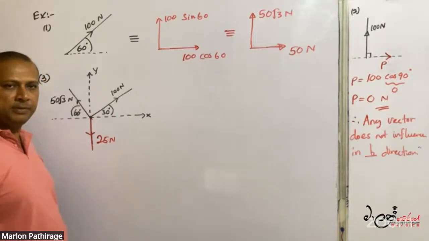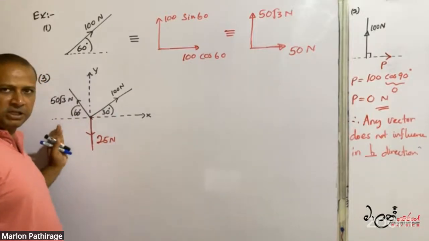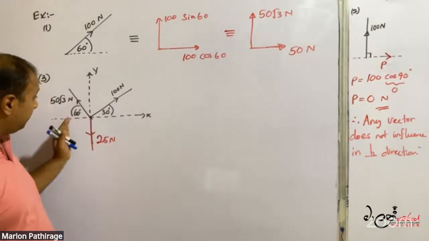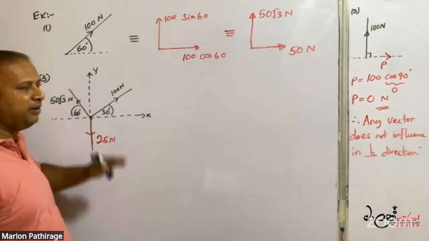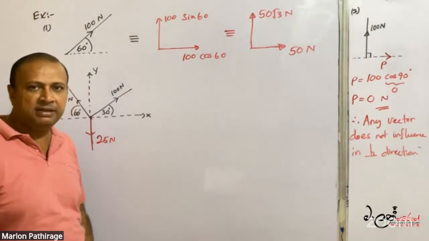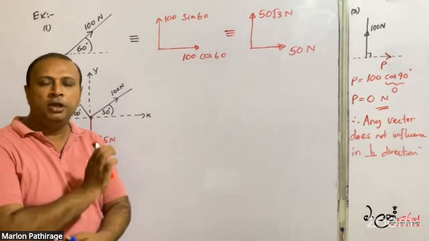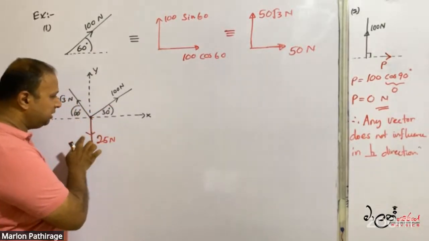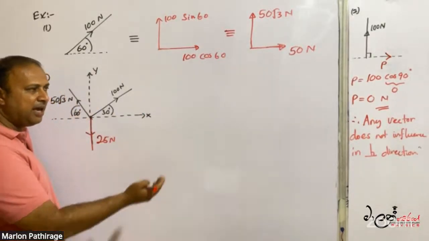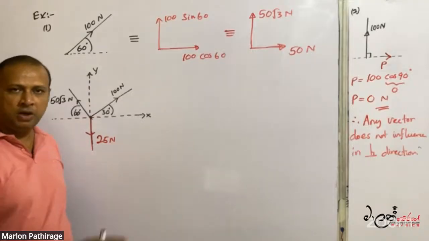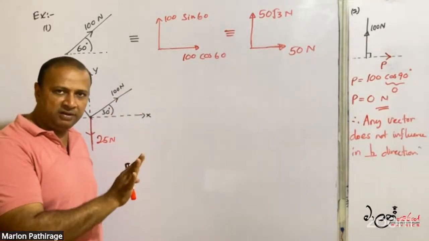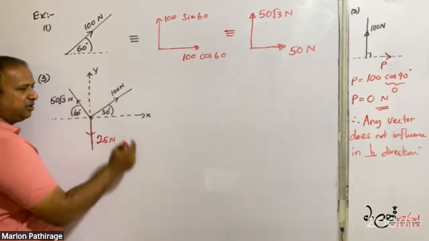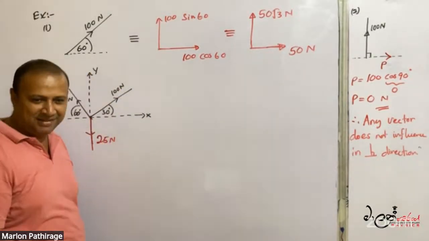Suppose you are given this kind of vector system. Definitely, if you are given this kind of vector system to resolve in x and y directions, you have to resolve each and every vector in the x direction and y direction.